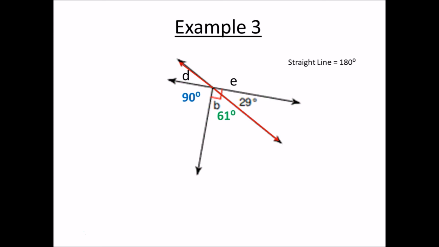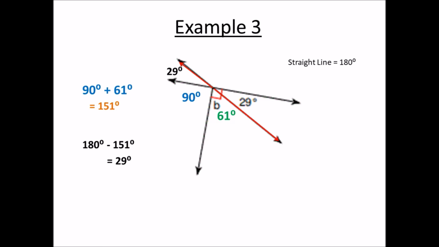So I can figure out what angle D is by adding my 90 degrees and 61 degrees, which gives me 151 degrees total for that piece. And again, in a straight line, which we said was 180 degrees, I just need to figure out what this little piece is from 180 degrees. So if I take 180 degrees minus the 151, that's going to give me 29 degrees for that little angle right there.